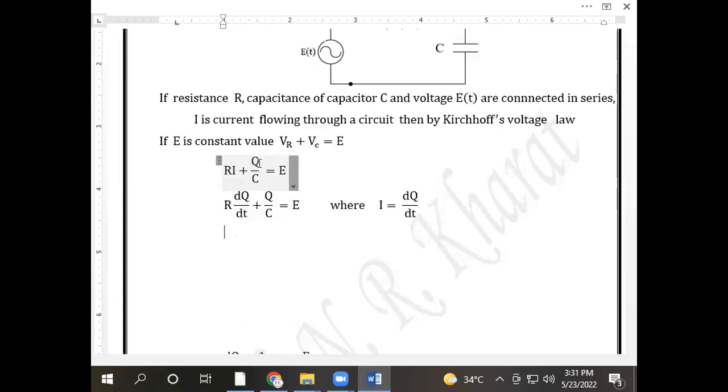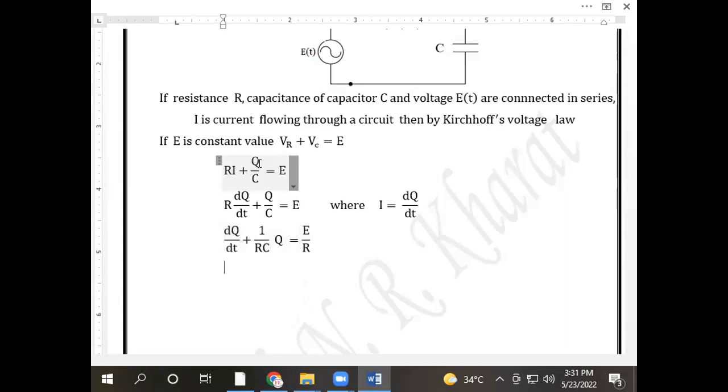So we can divide the entire differential equation by R. After dividing by R, we get dQ upon dt plus 1 upon RC times Q is equal to E upon R. This is the differential equation in charge.